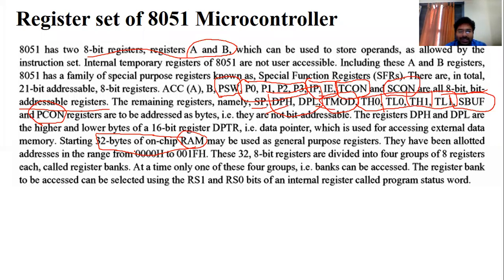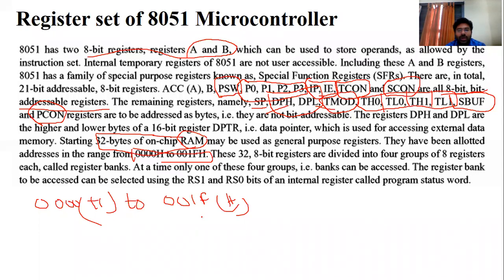What is the address range? It is 00H to 1FH, where H means hexadecimal format. So that is 32 bytes of information.